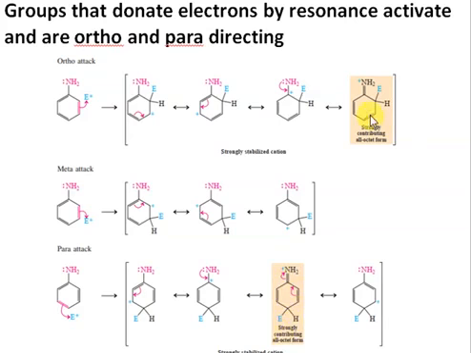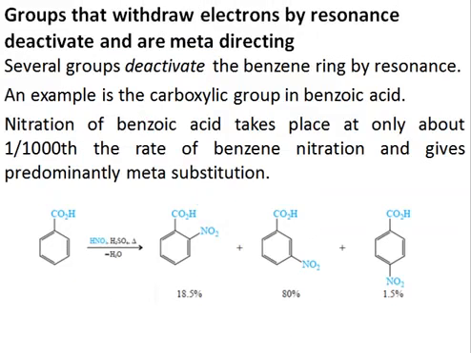Similarly, we get a very stable resonance structure by means of ortho attack. For that reason, the ortho and para attacks are favored, and the products are formed by ortho and para attack, whereas the meta attack does not result in formation of any stable carbocation. Therefore, the meta attack is not favored.